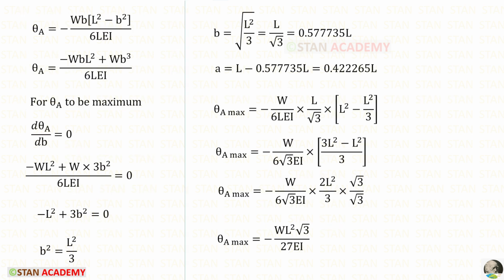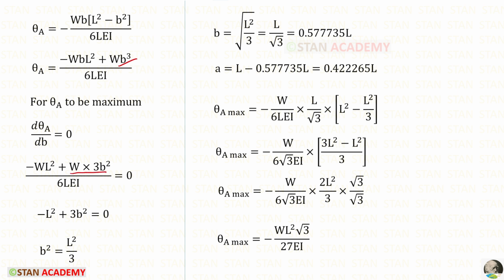Now we are going to find the maximum slope. For theta A we have got this expression. We can multiply WB with this so that we will get this. For theta A to be maximum, the differentiation of theta A with respect to B will be 0. For B the differentiation will be 1. So here minus WL square. For B cube the differentiation will be 3B square.